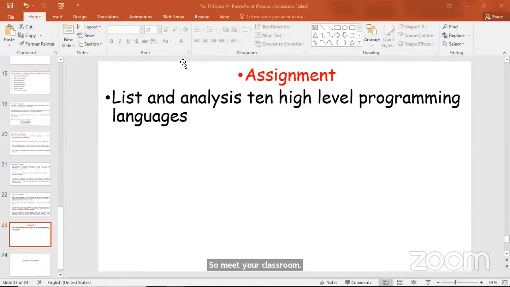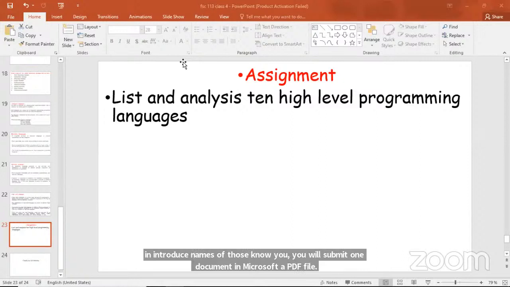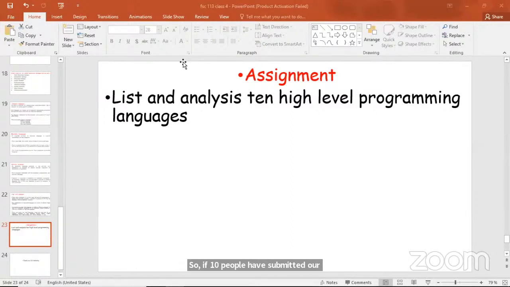Sir, since everyone's assignment will be put together, how will you get the names? No, you will submit one document, a PDF file, one for yourself. So if 10 people have submitted, I will see 10 PDF documents, right? So your class rep will now group them.